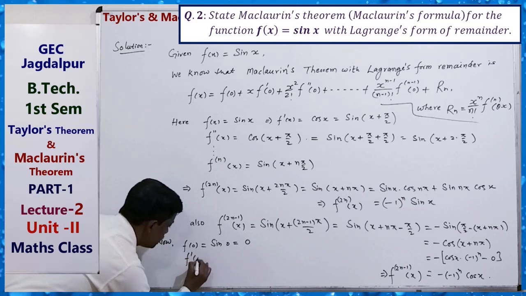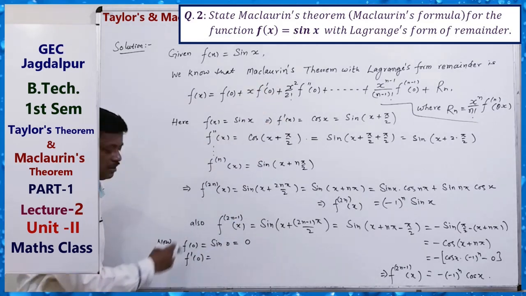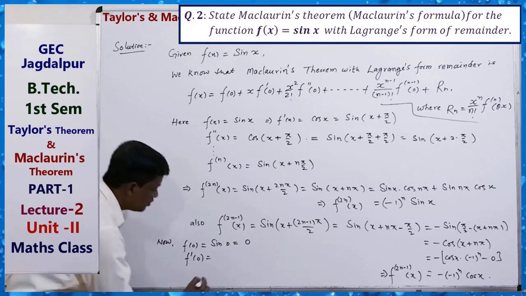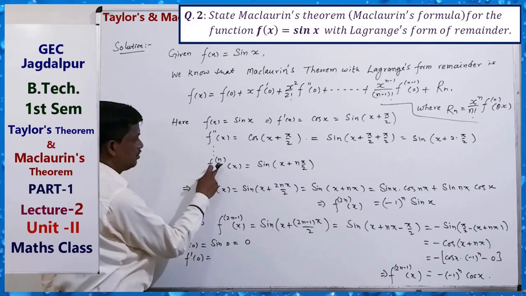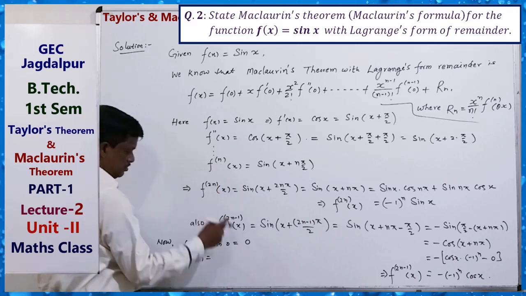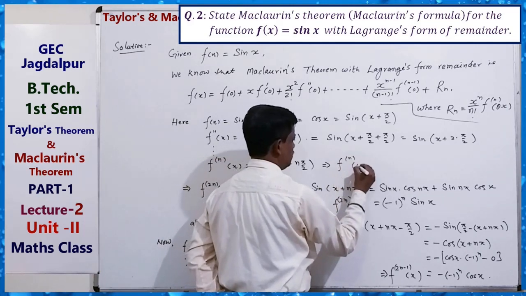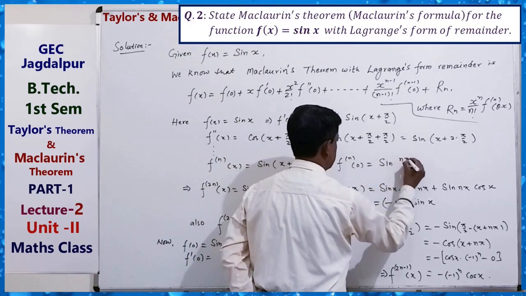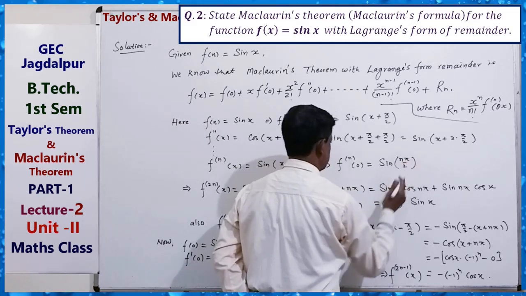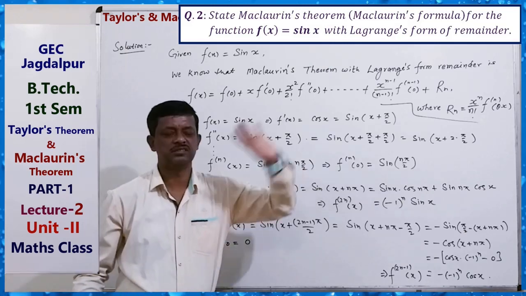f dash 0 equals what? Up to the first few terms, just write. The nth derivative at 0 equals sin n pi by 2. Because in place of x, just write 0.